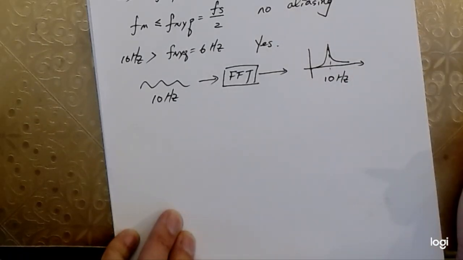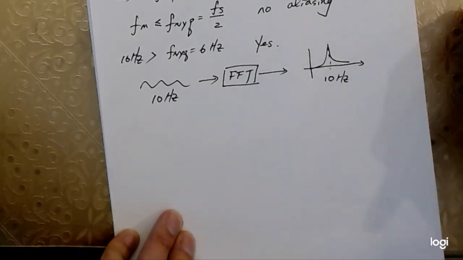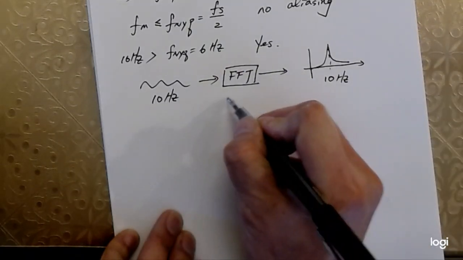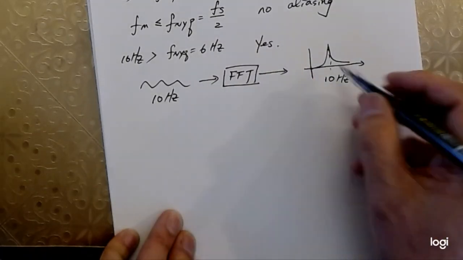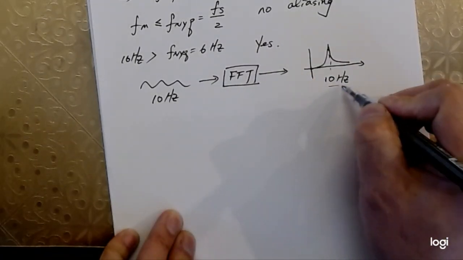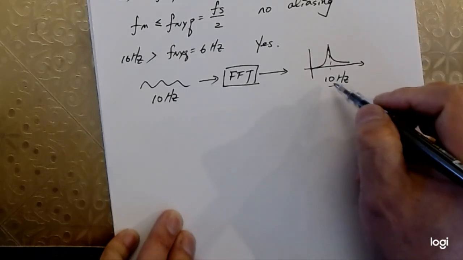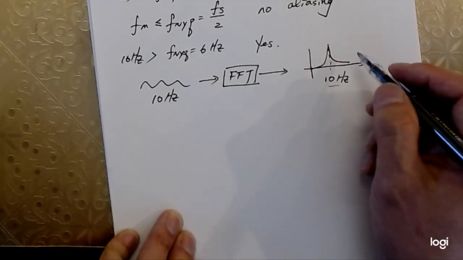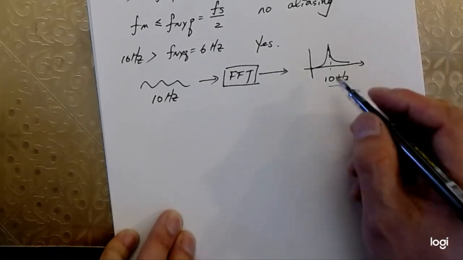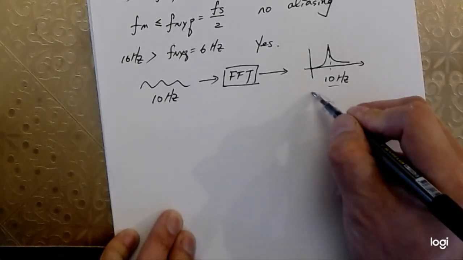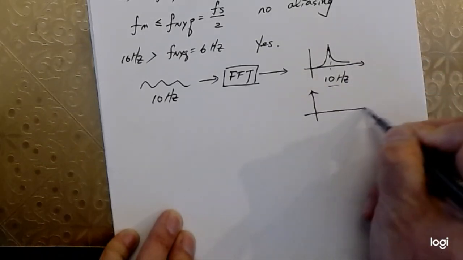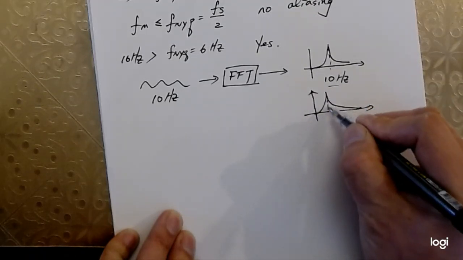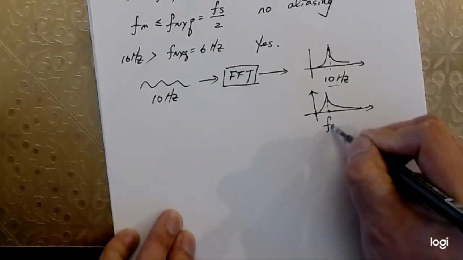However, because of this small sampling frequency, I don't get that 10 Hertz. That's why we call it alias. And the question is, what is the frequency which is wrong? You still get the signal, but what is this frequency?